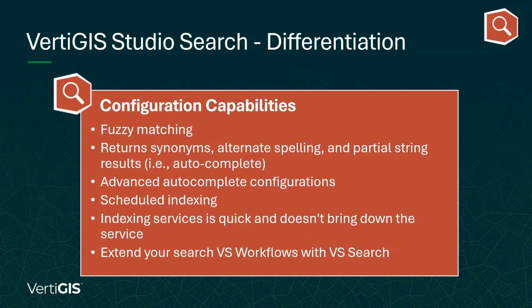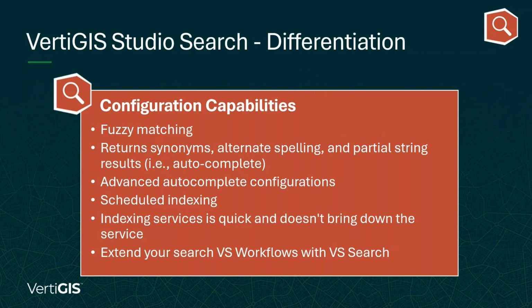It returns alternate spelling and partial string results, so in other words, autocomplete. And with that autocomplete functionality, you have advanced configurations that you can use to fine tune it.